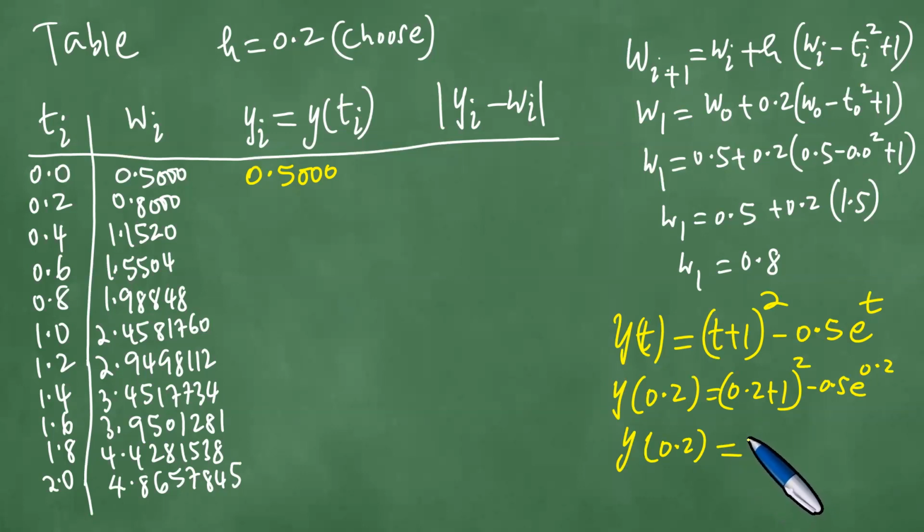If you use a calculator, what you're getting is 0.8292986. Yeah, can just check that we use the calculator. This is 0.5. So yeah, you're going to have 0.8292986.